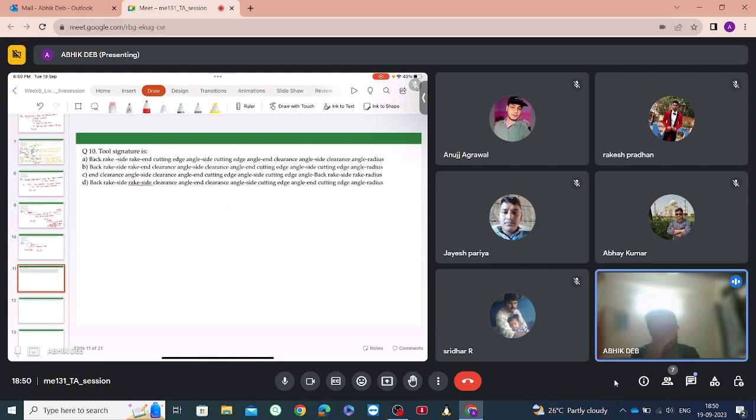Now, the next question: the tool signature is which one of these? Before going to the order, can you tell me what is tool signature?